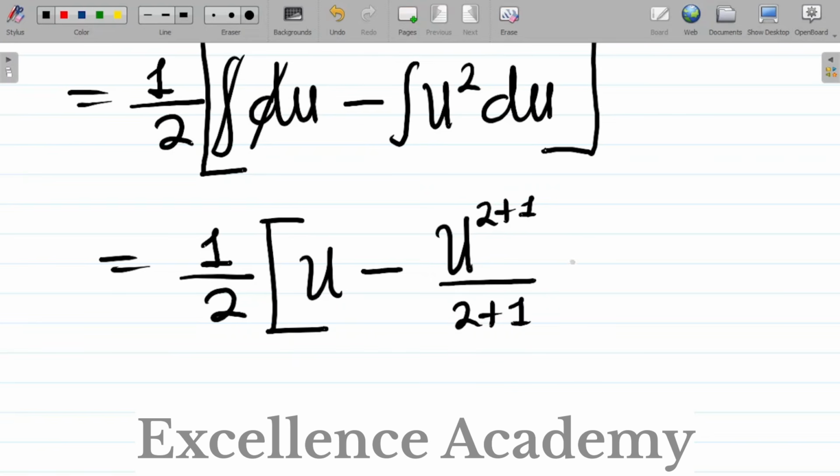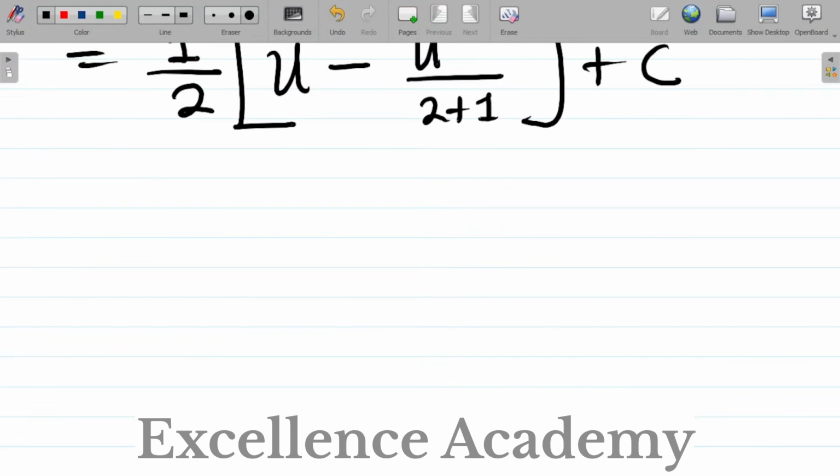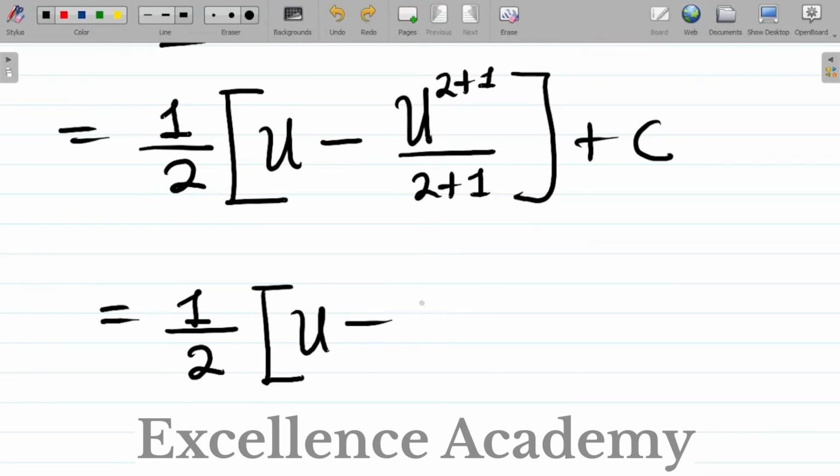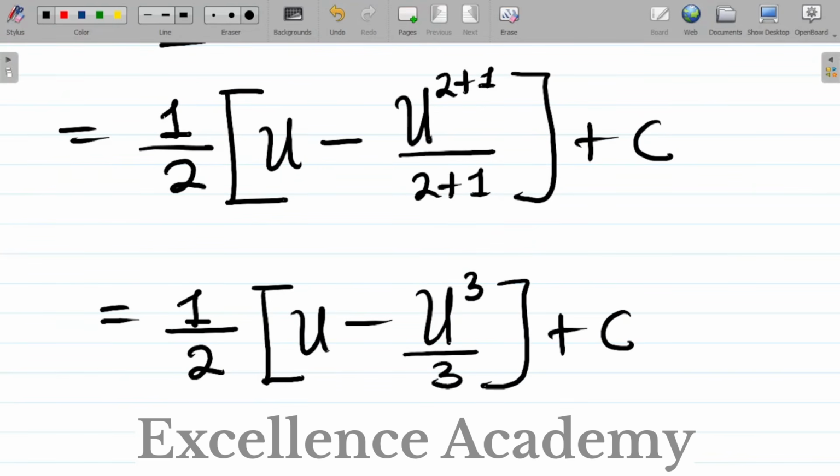We have this of course plus c, your constant of integration, and this is equal to 1 all over 2 into u minus u to the power 2 plus 1 is 3 all over 3, then plus c.